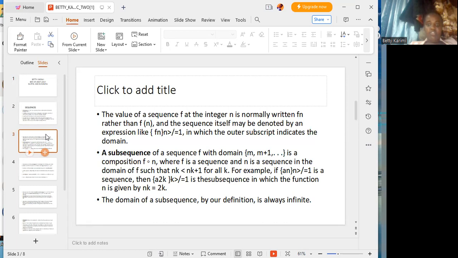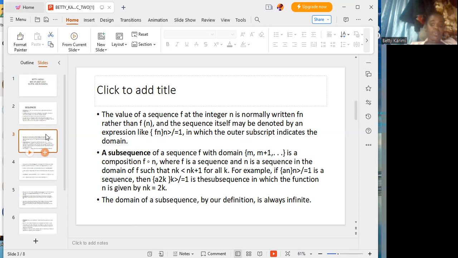The value of a sequence f at the integer n is normally written f_n rather than f(n), and the sequence itself may be denoted by (a_n). An expression like (a_n), n ≥ 1, has the outer subscript indicating the domain. A subsequence of a sequence f, whose domain is ℕ, is a composition f ∘ n, where f is a sequence and n is a sequence in the domain of f such that n_k is less than n_{k+1} for all k.